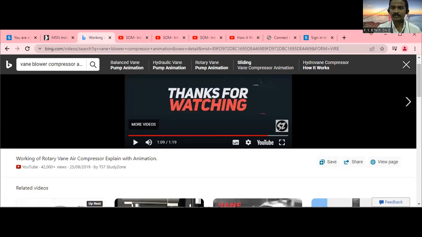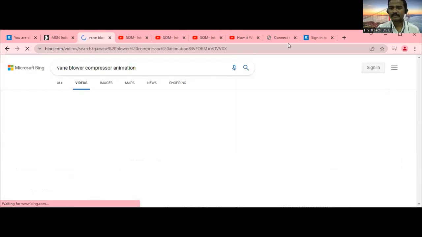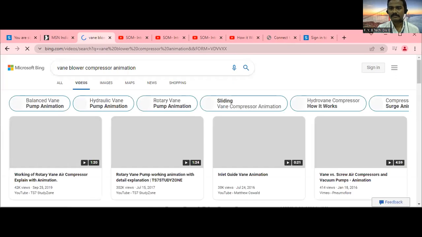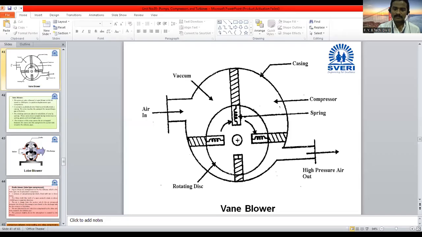So write about this vane blower. Write down. We'll write its working instead of construction. Now it is clear to all.